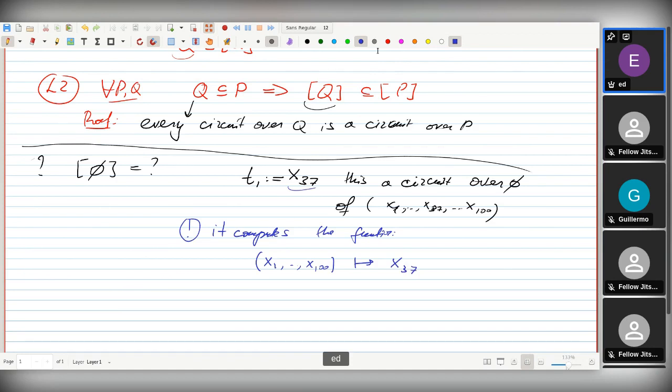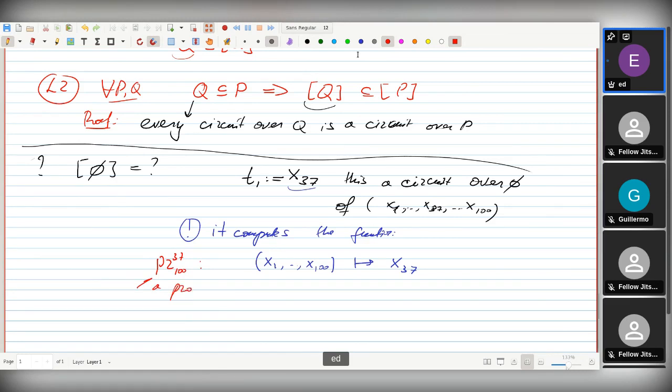Do you agree? Yes. Such functions are called projectors or projections. This function is a projector of 37 from 100.